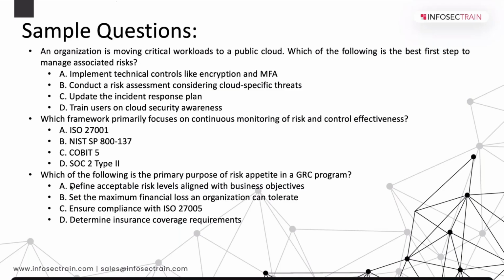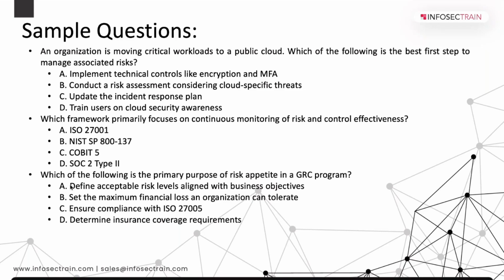Implement technical controls like encryption and MFA, conduct a risk assessment considering cloud specific threats, update the incident response plan, or train users on cloud security awareness. Because the question is asking which is the first step to manage the associated risk, the answer is conduct a risk assessment considering cloud specific threats. Before you implement, before you update, before you train, first you will conduct a risk assessment, right?